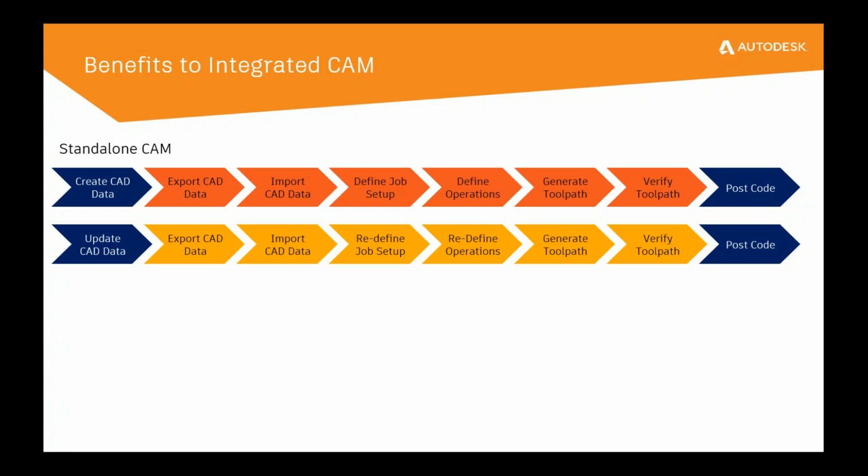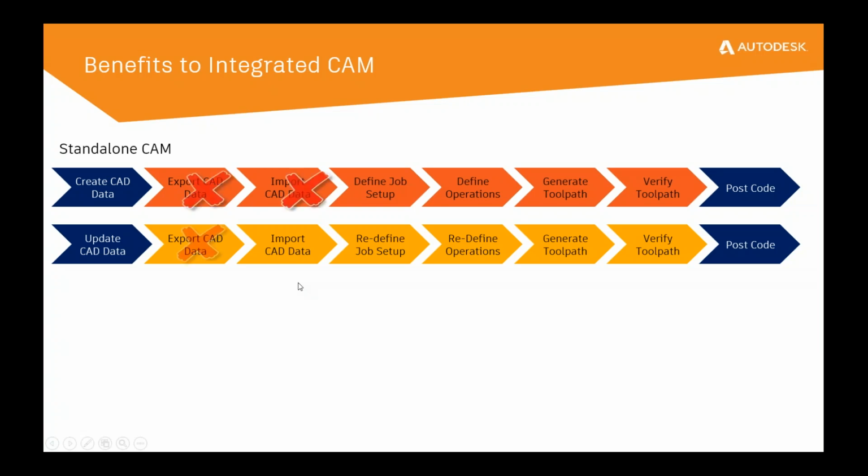He'd have to re-export it. The CAM guy would have to re-import it. Of course, once you import the data a second time, it sees it as new data. So you've got to redefine your job setup, redefine your operations, generate more toolpath, verify your toolpath, and again, post code. That was the traditional way of doing things.